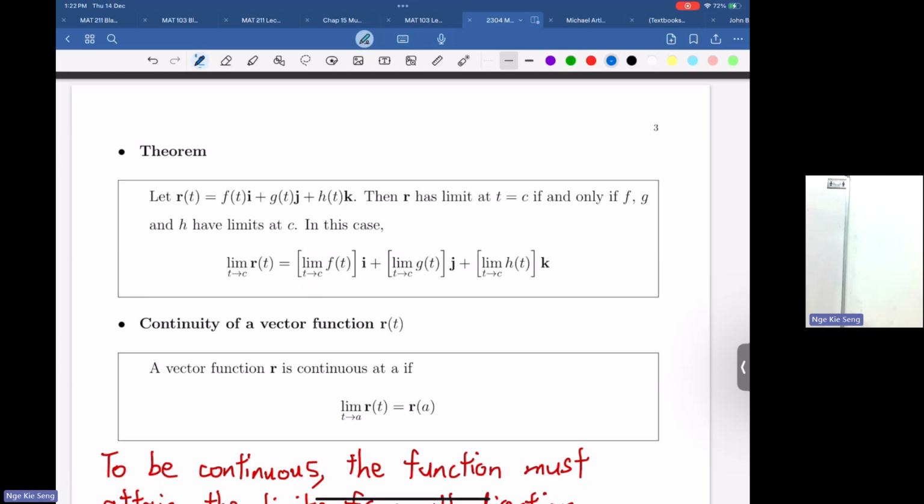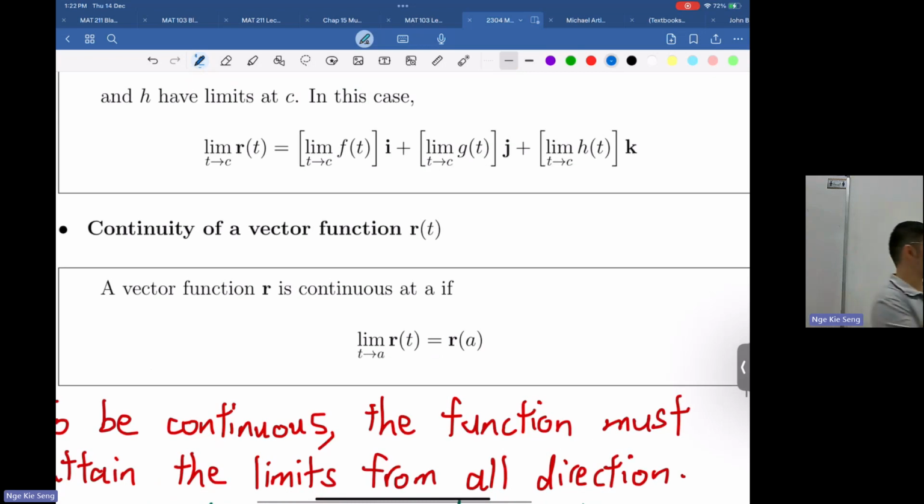If the limit when the time goes to A is the same as the function evaluated at the point A, then the vector function is continuous. So you need to check how the function behaves when you reach A from anywhere, and then your function has to behave the same at exactly that point. So you fill in the hole, or you fill in the limit. Okay, does that make sense?